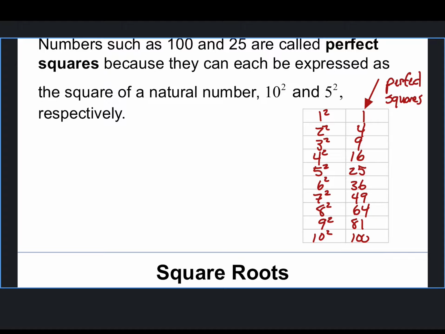That's about where my knowledge ends. 16 squared, I guess, is probably 256. Yeah, it is. 17 squared, let's see, 289. Is that right? Mm-hmm. 18 squared, I'm not even going to guess. 324, maybe? Yes.